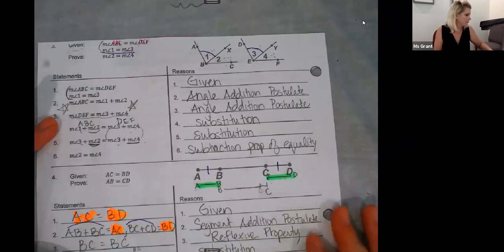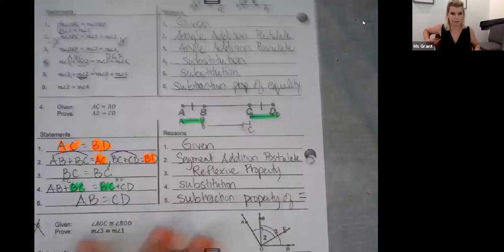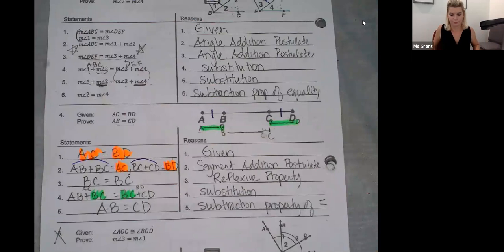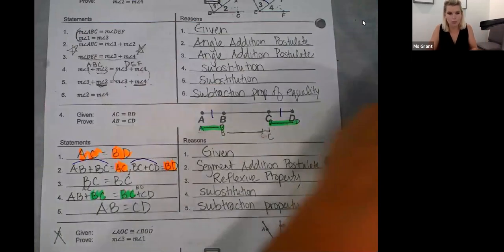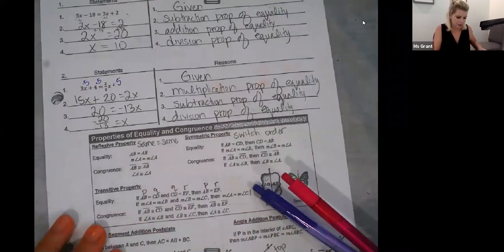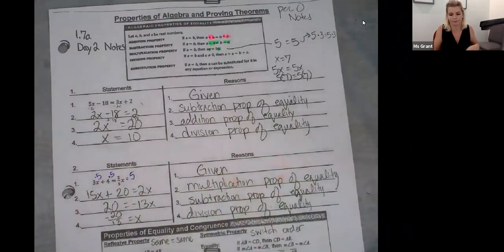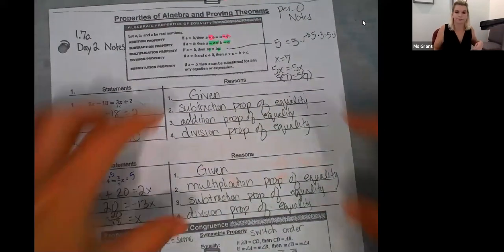You do not have any geometric proofs on your homework tonight, okay? So upload your homework, work on it. You're practicing a lot of these, solving for X kind of thing, and then you do a couple of algebra proofs where you have to say whatever these properties are.